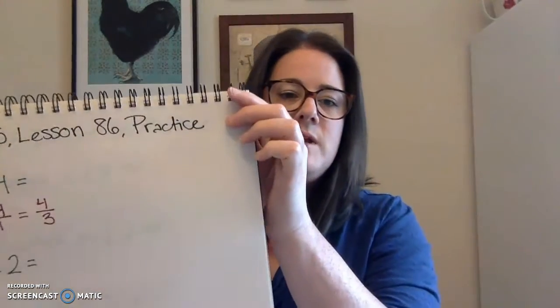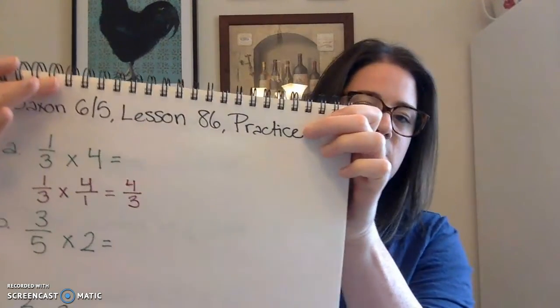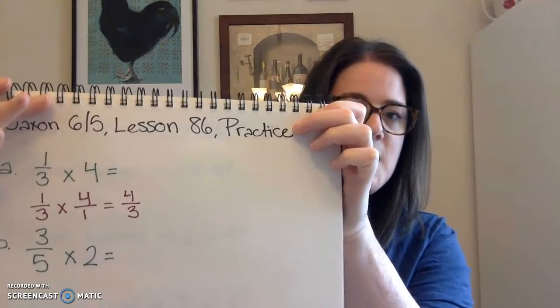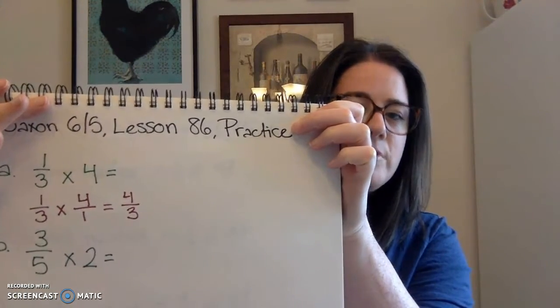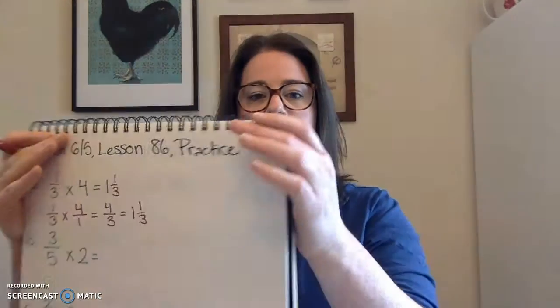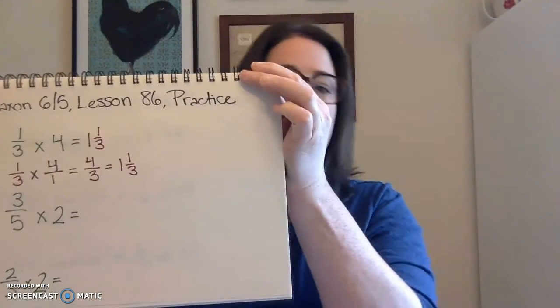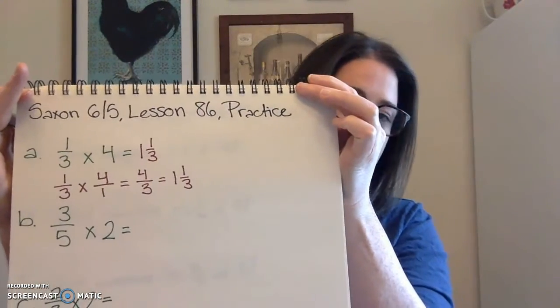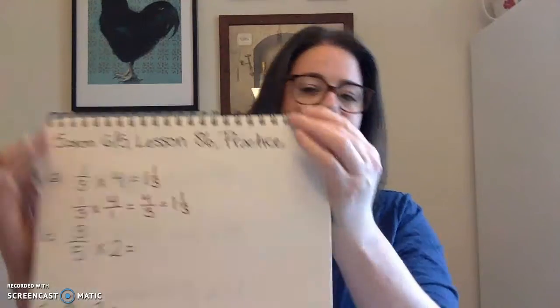I multiply my numerators, which gives me 4. I multiply my denominators, which gives me 3. So now what I have is 4/3. If I simplify 4/3, that's going to give me 1 and 1/3. So 1/3 times 4 is 1 and 1/3. Okay?